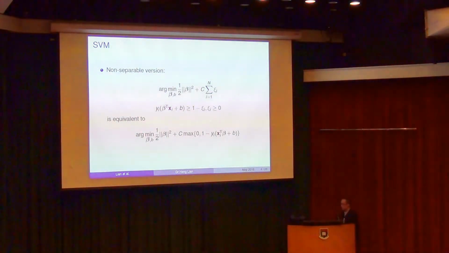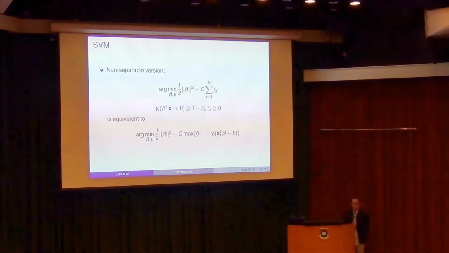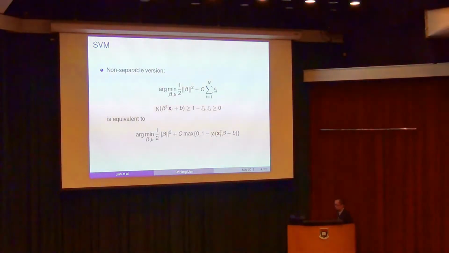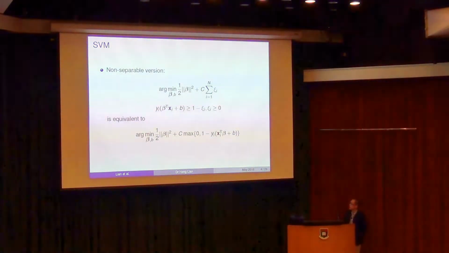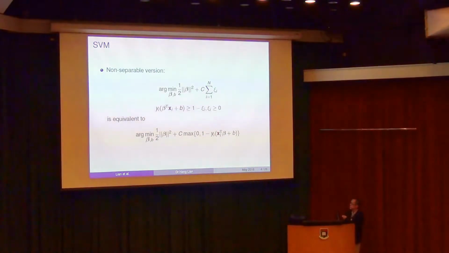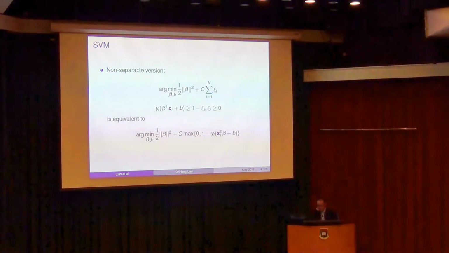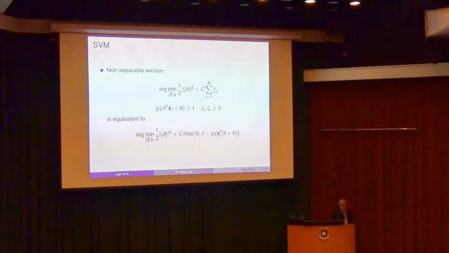Okay, so why do we like this kind of formulation? Because in statistics, we usually think of any regression problem to have a loss function. We are minimizing the loss. So the second term here can roughly be regarded as a loss. It's always non-negative. And it penalizes more if the sign of the class label and the linear function is different. So we want the linear function to predict the label. So ideally, we want these two to have the same sign.